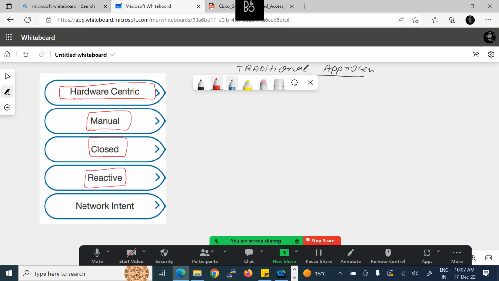There are two actions: reactive and proactive.